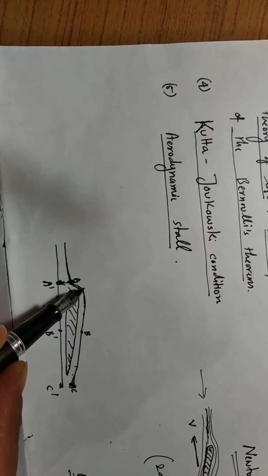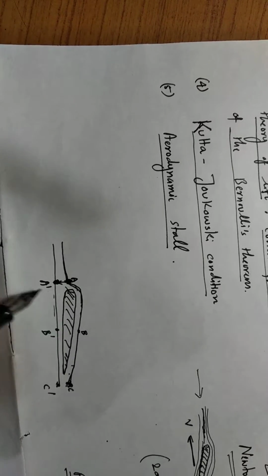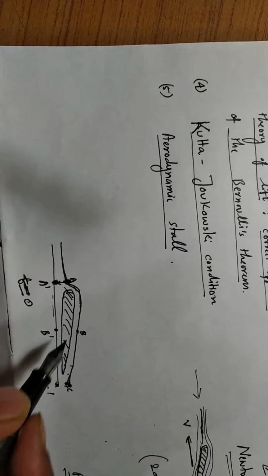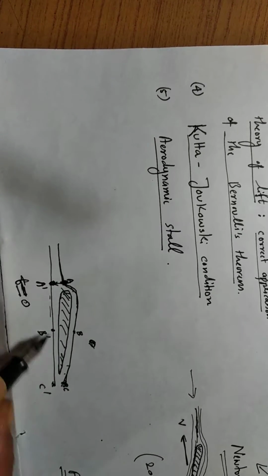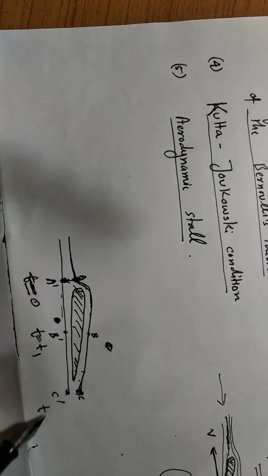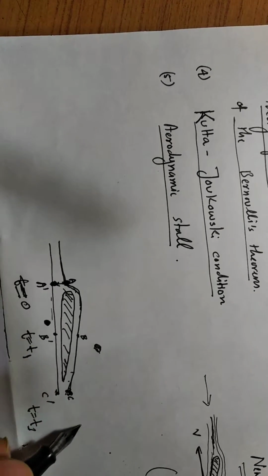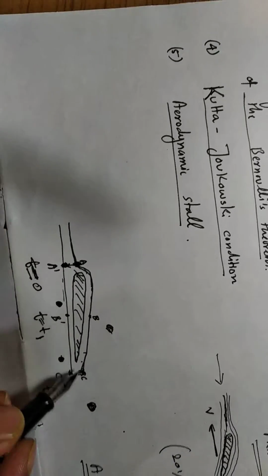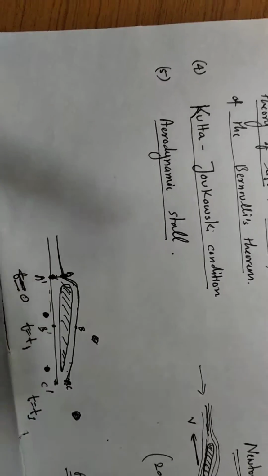So, for example, at t equal to 0, the parcels are here, the upper parcel will be here, the lower parcel will be here at some t equal to t1, and then say at t equal to t3, this parcel will be here and this parcel will be here. So they never reach at the same time.